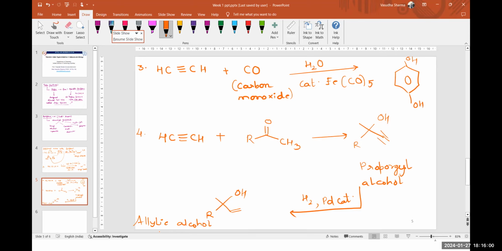So here we are converting the acetylene into alcohol. Above, the third reaction is a cyclic reaction also, giving you an alcohol over there.